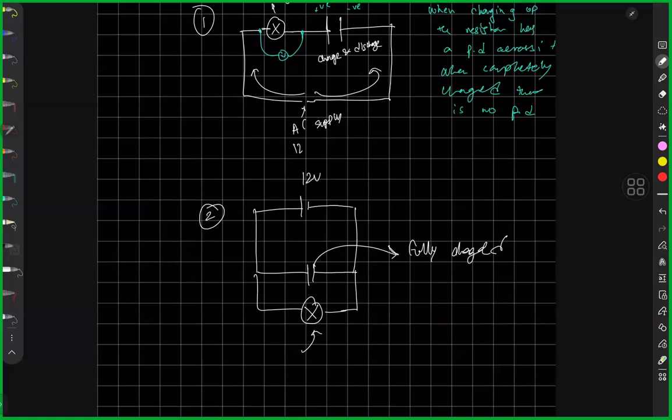Okay. So yeah, in this case, the bulb does glow. Why is that?